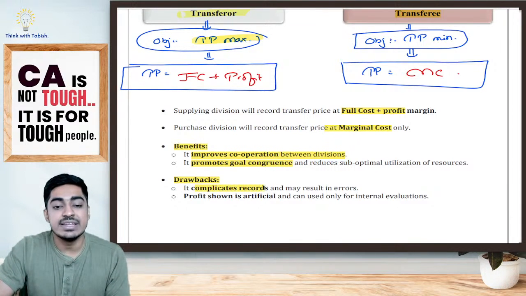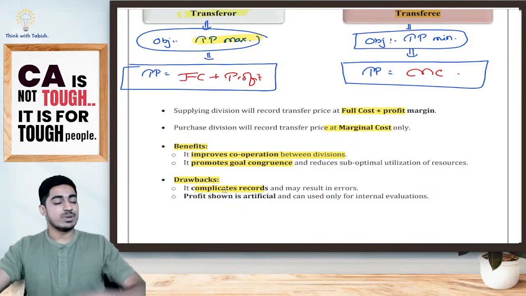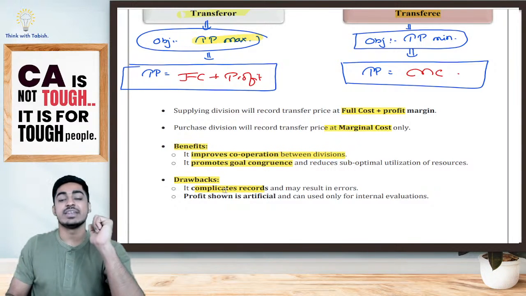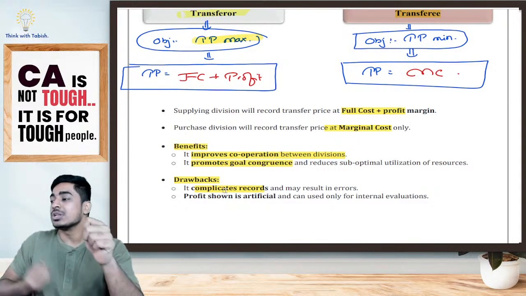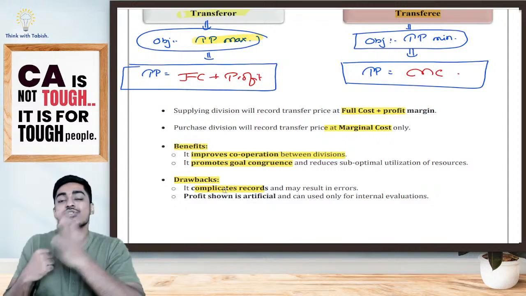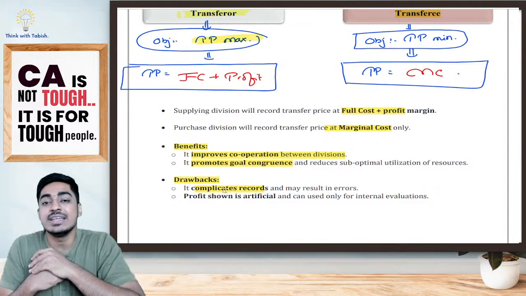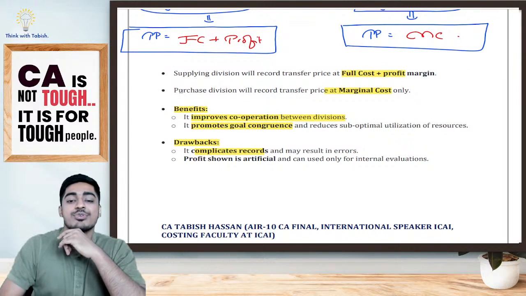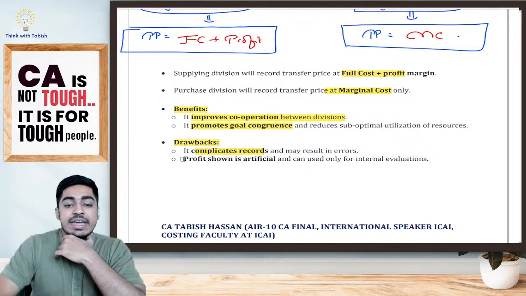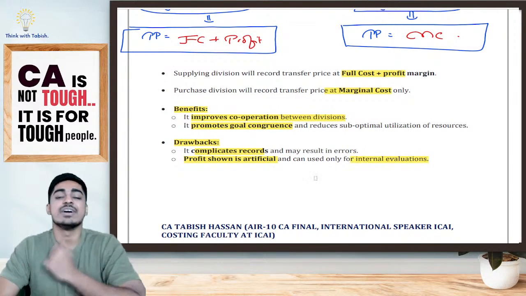It is complicating the records. In one place we have internal, artificial profit. Yes, we are complicating records. Here we are showing we have sold at 130 rupees, here we are showing we have purchased at 60 rupees. So there is a chance of mistakes happening. That is one thing. And second, the profit shown is artificial and should be used only for internal evaluation.